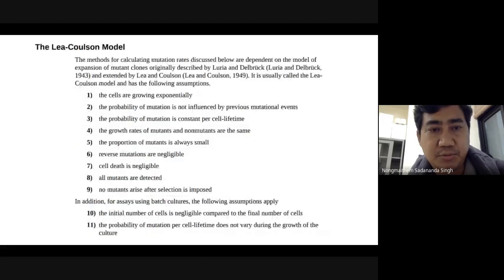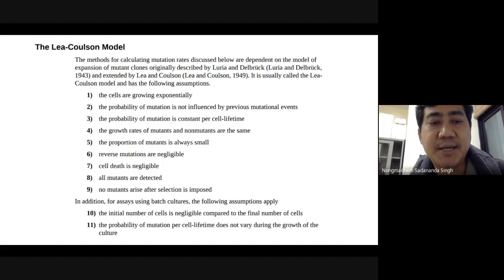There are different models for mutation frequency calculation depending on the conditions that people have used. One of the popular models is the Lea-Coulson model, which is also equally applied in the Luria-Delbruck fluctuation test, which is still very much used now.